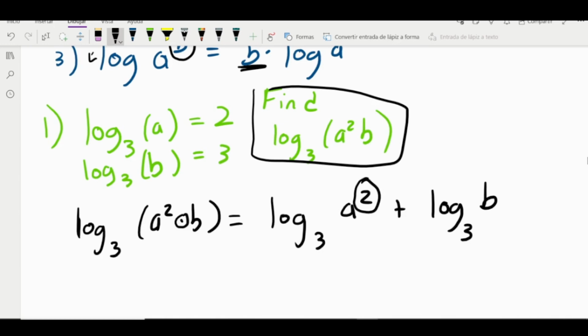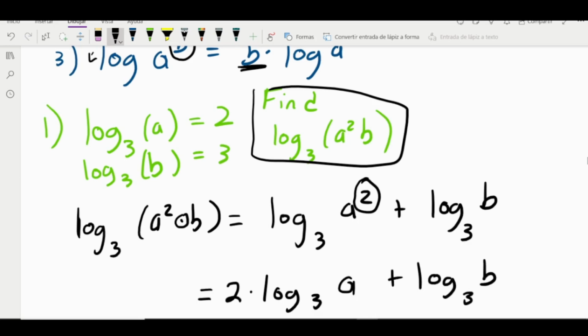We have the square, so a squared. Remember, when we have an exponent, it becomes a coefficient. So we put here 2 times logarithm base 3 of a plus logarithm base 3 of b.